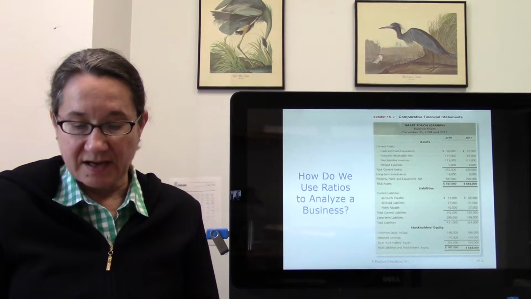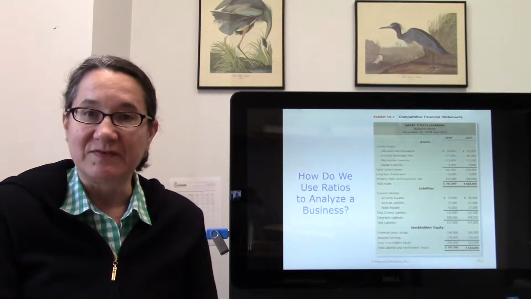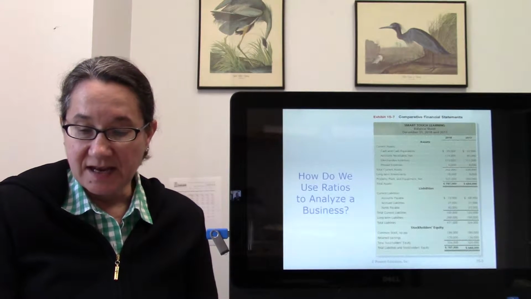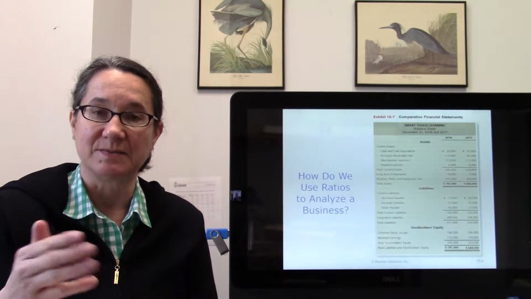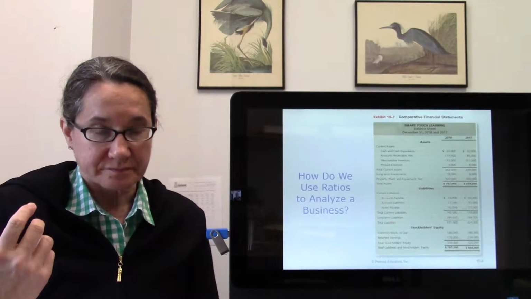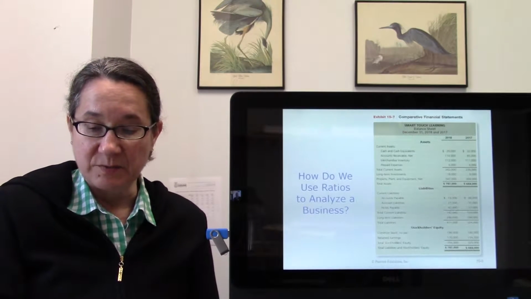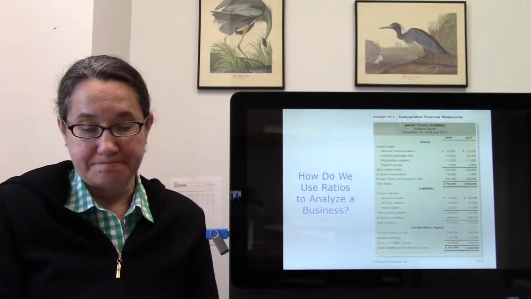If you look in your book at the balance sheet in Exhibit 15-7, you'll see it's a comparative balance sheet, and it's got 2 years. So whenever we say comparative, it's so you can compare something. Typically it's two. A lot of times you'll see 3 years reported on a balance sheet. And so we can compare 2 years, 2017 and 2018.